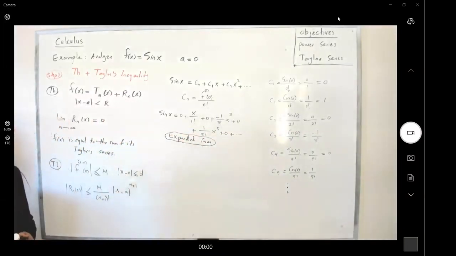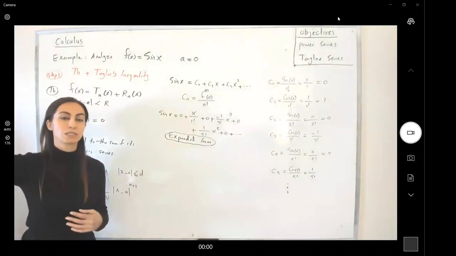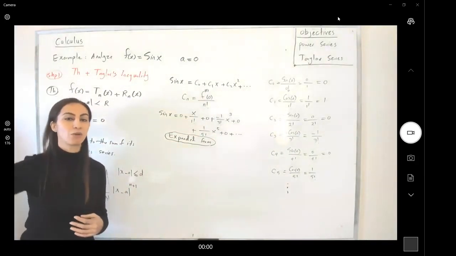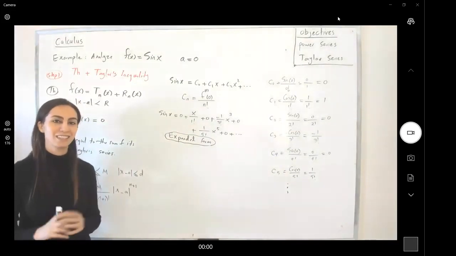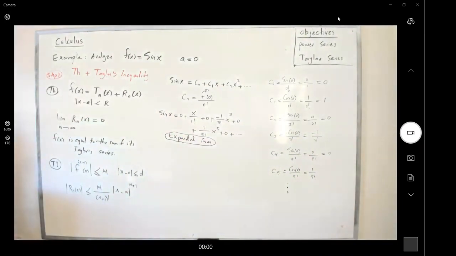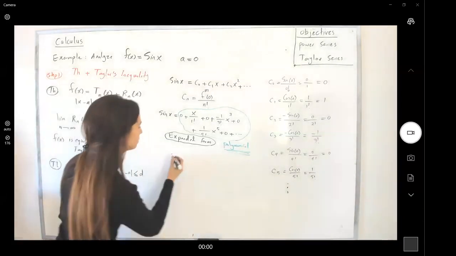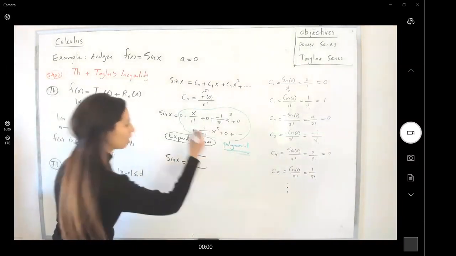We're interested in writing this in compact form, like e to the x was equal to the sum of x to the n over n factorial. We're going to write sine in compact form. So now let us write it in compact form. Sine x is equal to the sum.